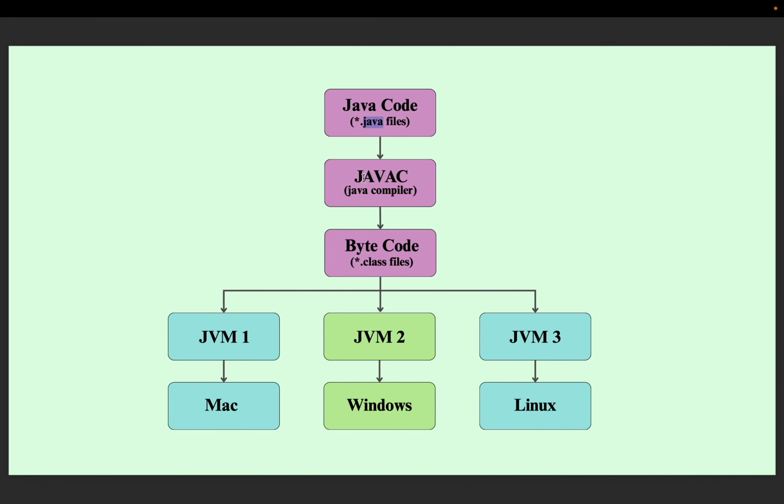So finally, if our program is correct, the compiler will generate a file or group of files with the class extension that will contain the bytecode. And this bytecode is independent of the operating system, so we can execute it on any machine.